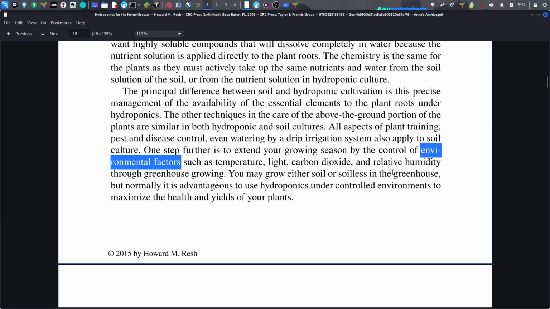In other words, you may grow either soil or soil-less in the greenhouse, but normally it's advantageous to use hydroponics under controlled environments to maximize the use and yields of your plants.